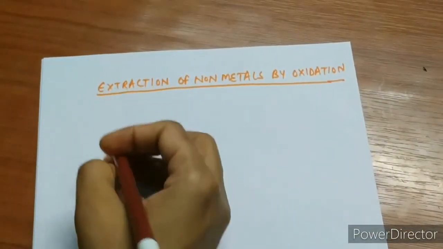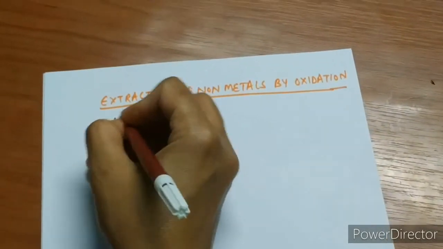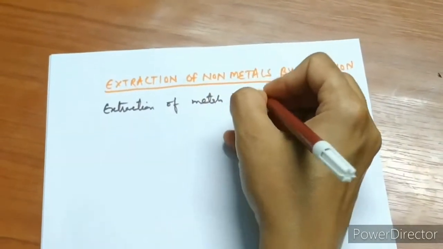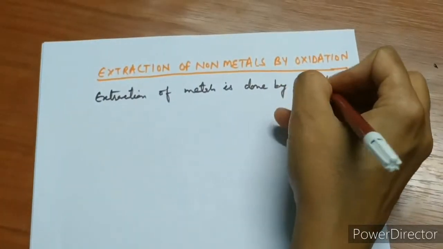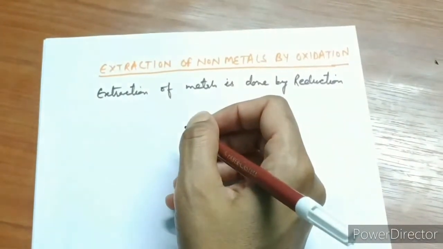So we all know that the extraction of metals is done by reduction, and the non-metals are present in combined state.